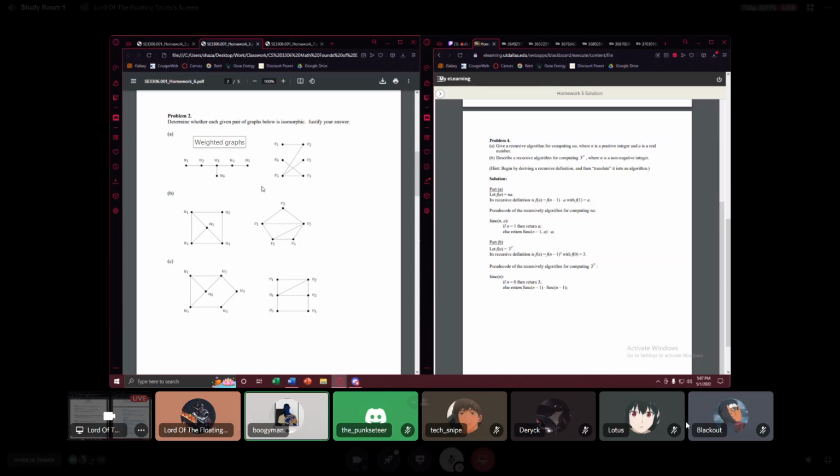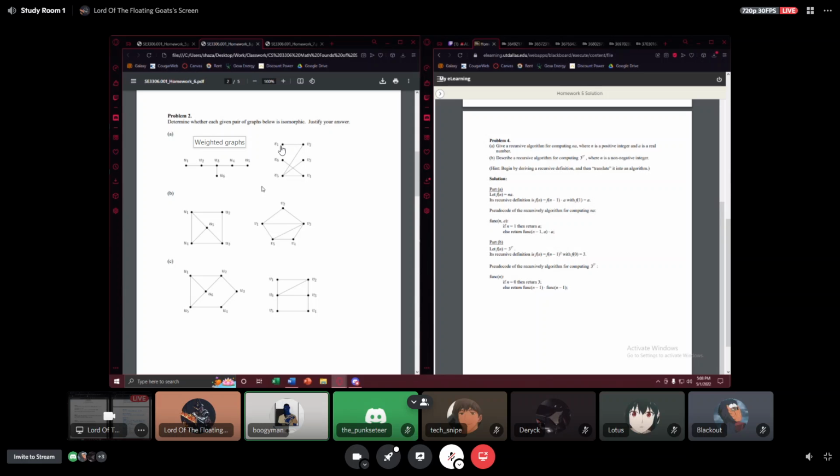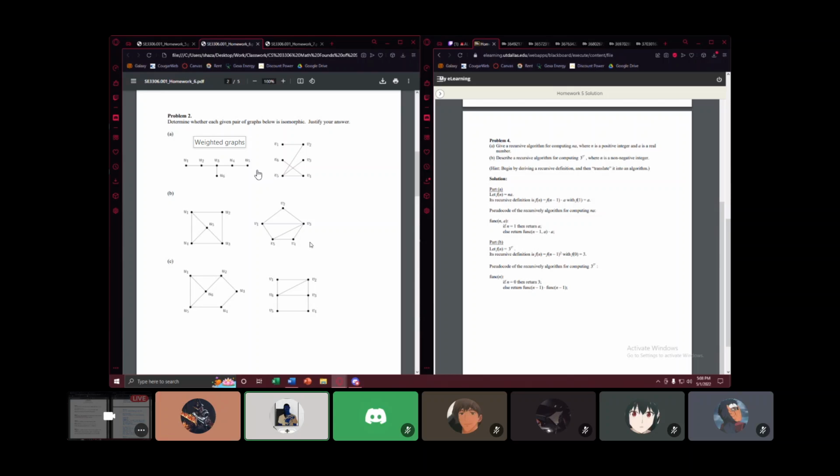I didn't know that U1 could be mapped to U5 or V5. I just said it's not isomorphic because it doesn't contain an equal number of edges, because U3 has 3 edges and V3 only has one. That's why I got that one wrong, but now I know it can be mapped to anything.